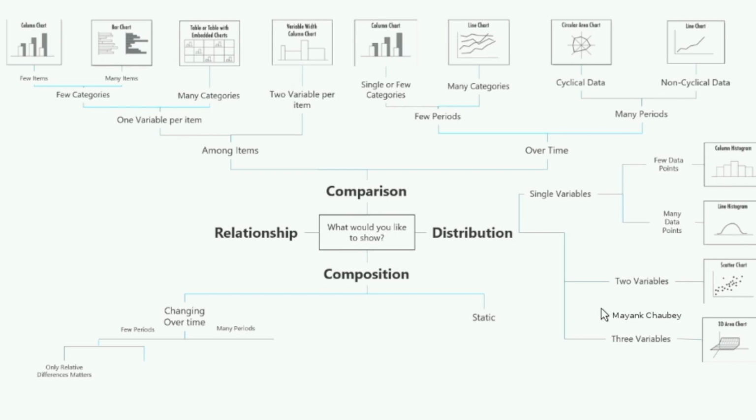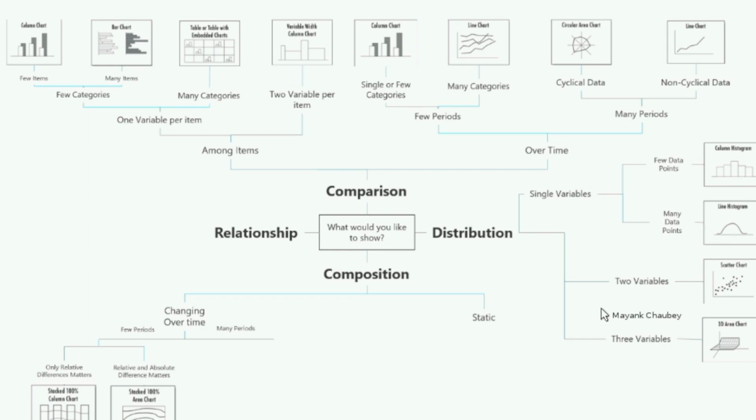For few periods there are two things. One, you want to see the relative difference, and second, you want to see what is the absolute major difference. When you are seeing it relatively, then use a stacked column with 100%. When we are seeing it absolutely, then we use an area chart with 100%.